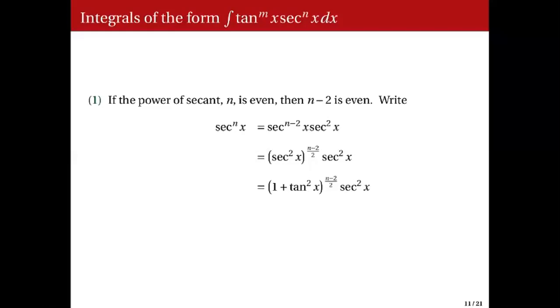So you expect your substitution should be u equals tangent of x. That will be our substitution. Okay? So if the power of secant is even, extract a secant squared, and then convert everything else in terms of tangent. And then use the substitution u equals tangent x.